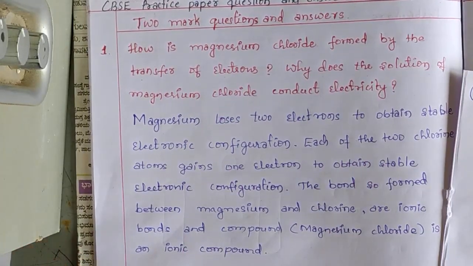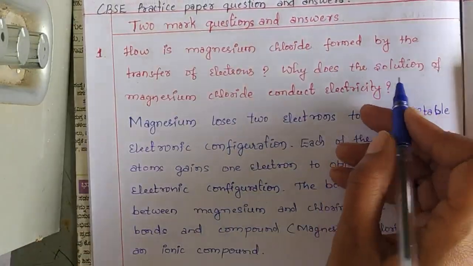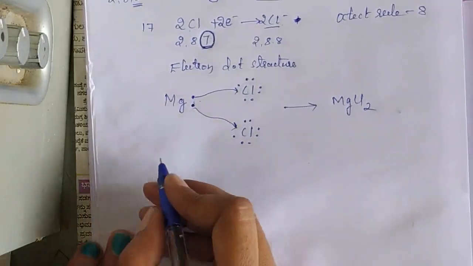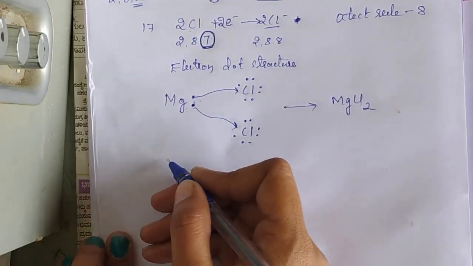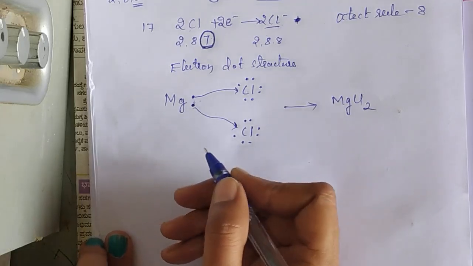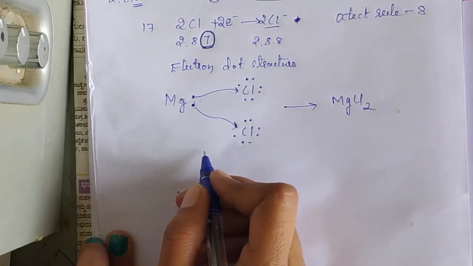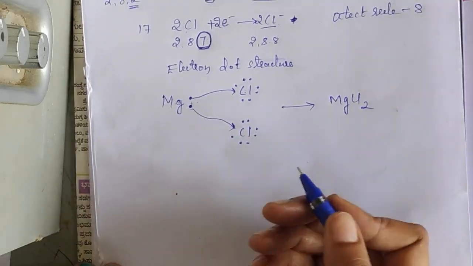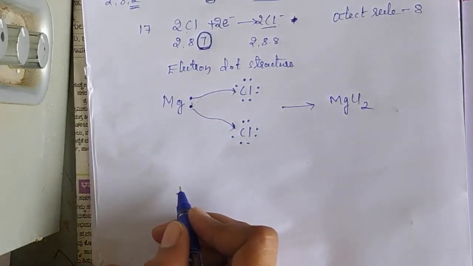Here they have asked one more: why does the solution of magnesium chloride conduct electricity? For this we use the properties of ionic compounds. Ionic compounds conduct electricity only in aqueous solution or molten form, but they do not conduct electricity in the solid state.